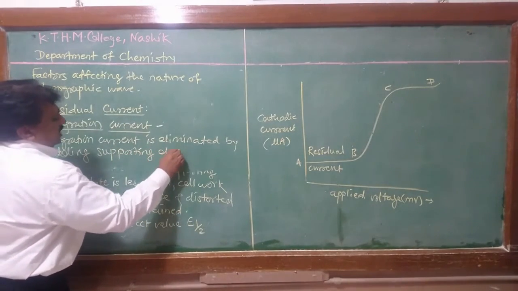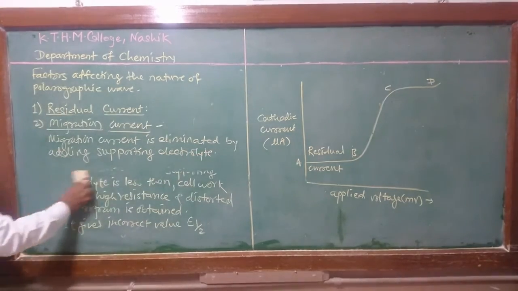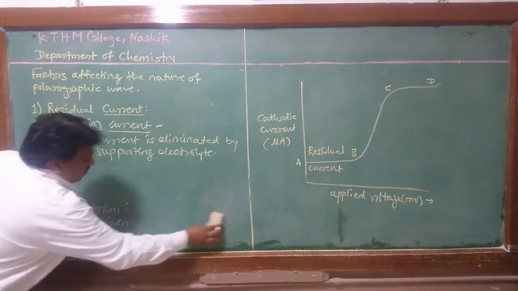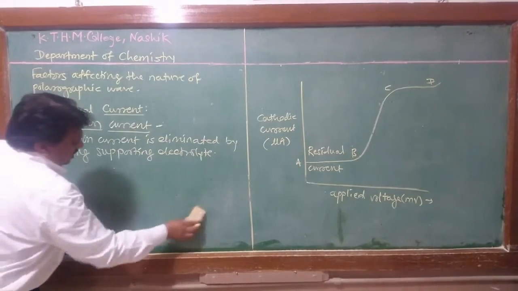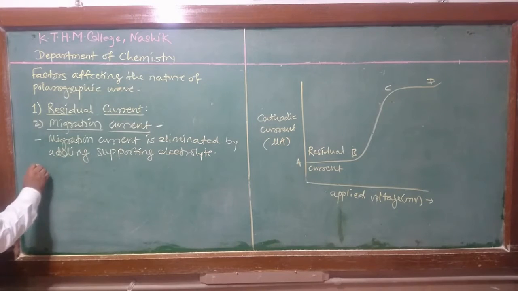And if the supporting electrolyte is less in concentration, then the migration current does not completely disappear.